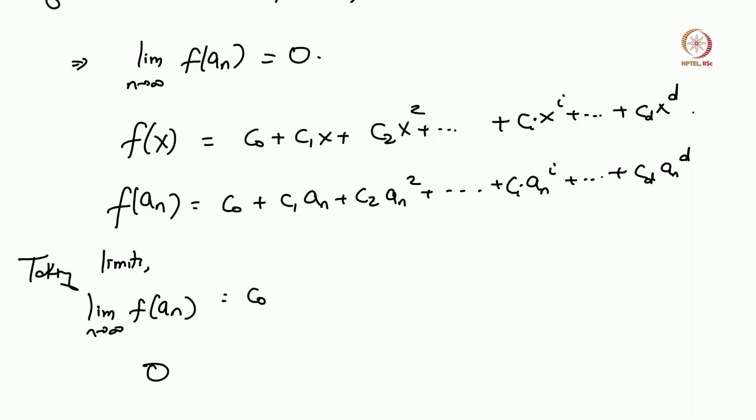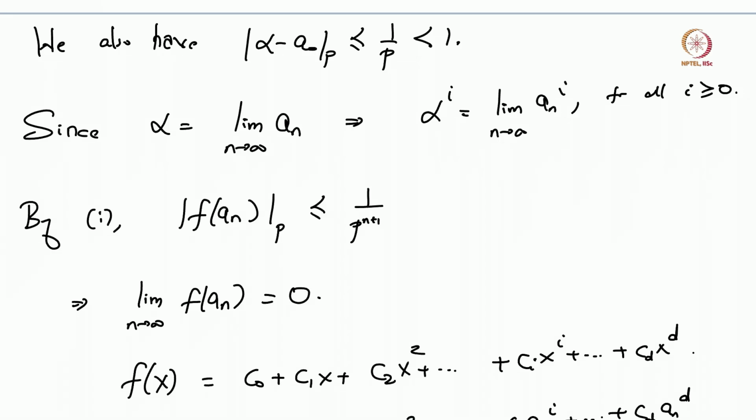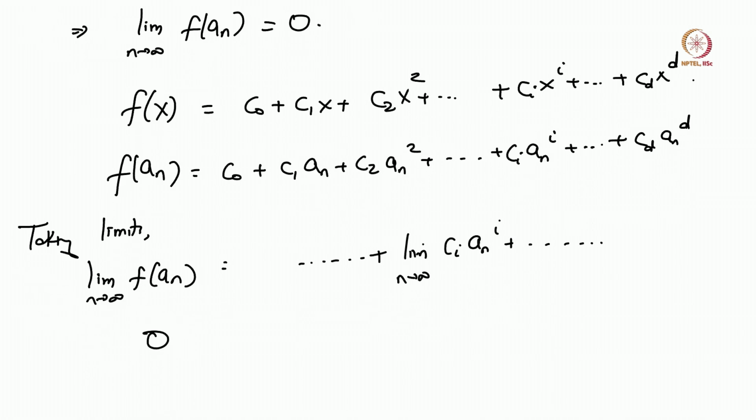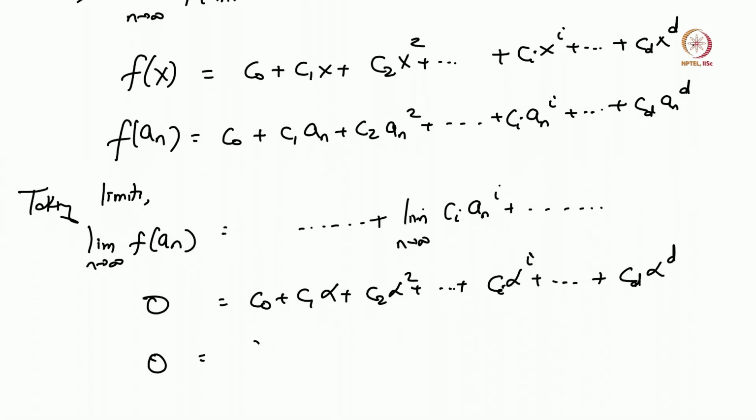So you see that an arbitrary term here is the limit as n goes to infinity of c_i a_n to the i, but that's just c_i alpha to the i. So you just get c_0 plus c_1 alpha plus c_2 alpha squared, and so on, c_d alpha to the d. So in fact what you get is that f of alpha equals 0.